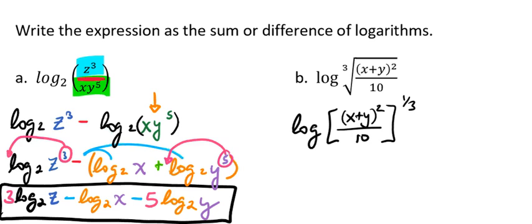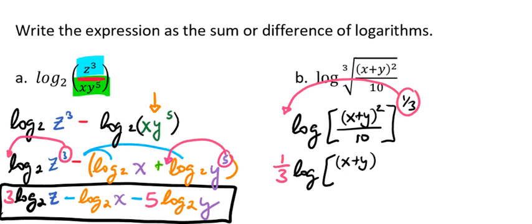Now from here, we want to take our exponent and move it to the front. So we're going to have 1/3 times the log of x plus y quantity squared over 10.